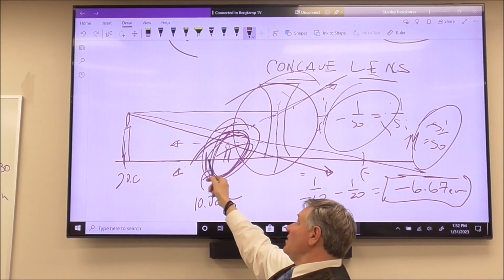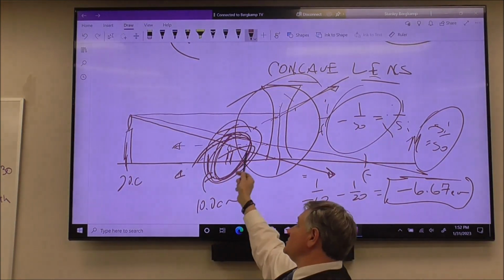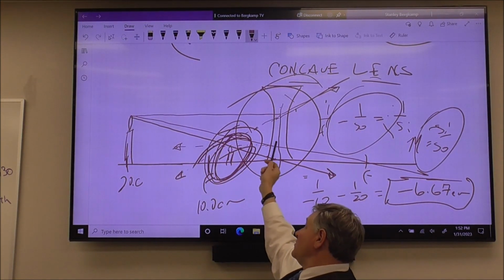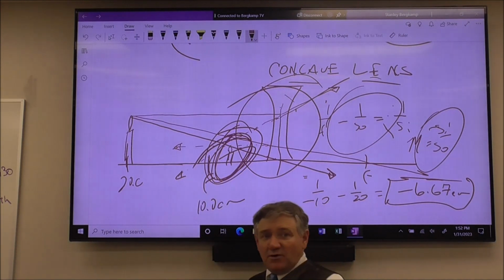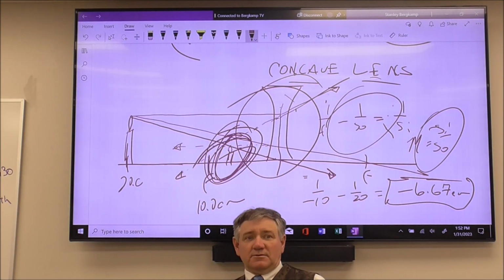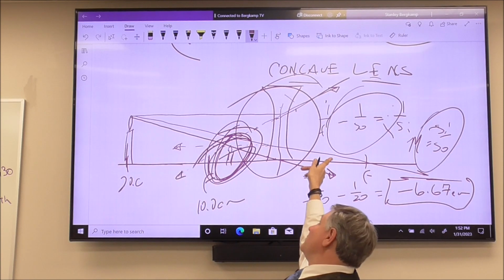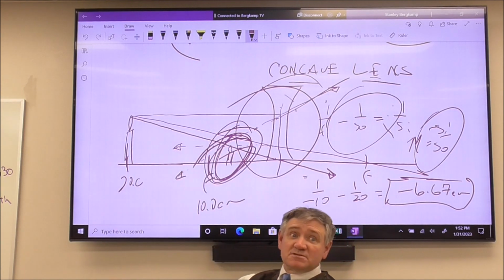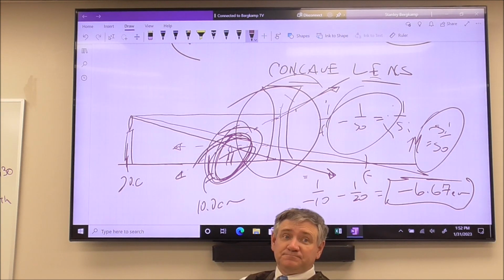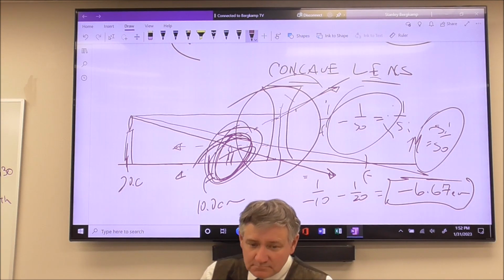As long as that image is between that focal length and that mirror and closer to that focal length, I'm good with it. But if you have it over here, that's bad. If you have it over here and inverted, that's even worse. Okay? I'm good.